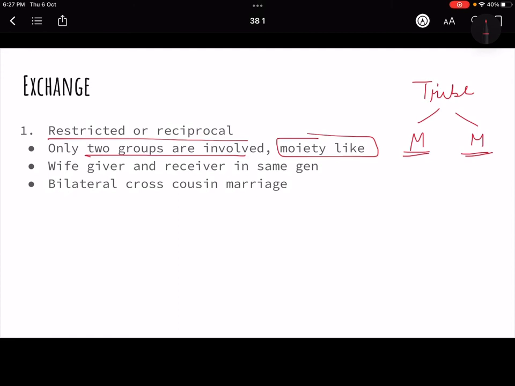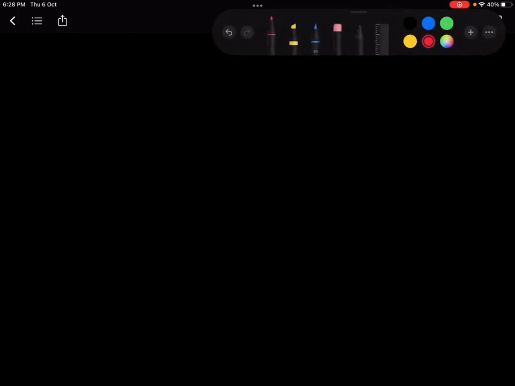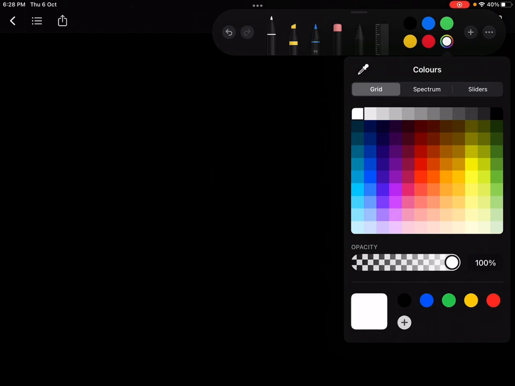So if there are only two groups in a society, then maybe this kind of exchange will follow. So in this, the groups are wife givers and receivers in the same generation. Okay, I'll show you that. And इसकी example आप ले सकते हो bilateral cross cousin marriage. Let me just draw this and show it to you. For example, now, yeah, so let's take the example.